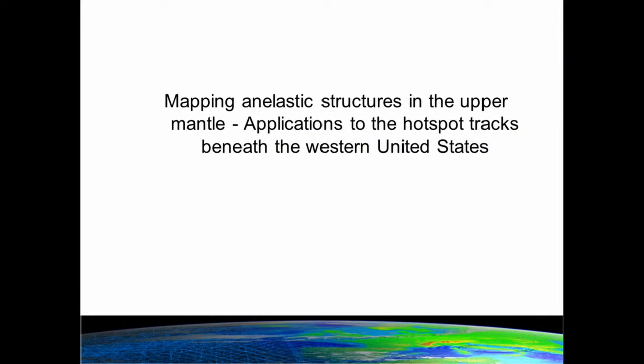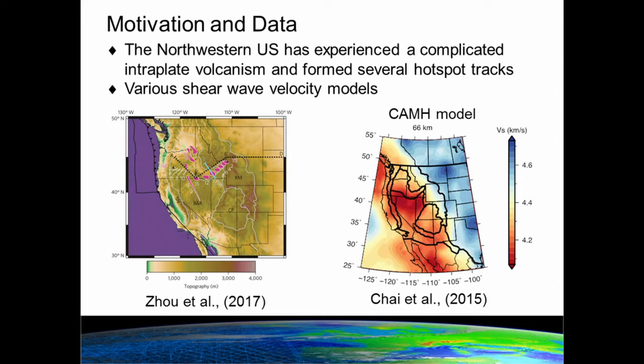So finally, we apply our method to image anelastic structure in the upper mantle of the Western United States, and we provide some preliminary results. The northwestern U.S. has experienced complex intraplate volcanism over the past 20 million years and formed several hotspot tracks like the Yellowstone hotspot track and the Newberry hotspot track.